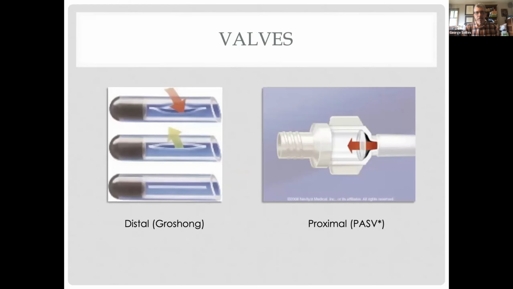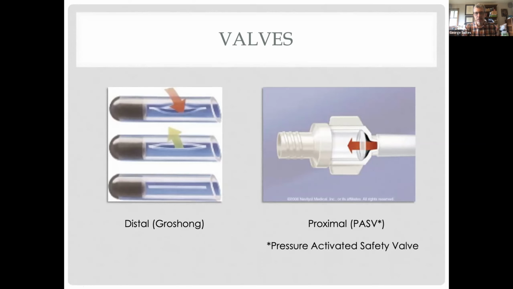Now, getting on to valves, these come in two types, distal or proximal. Groshongs have been around forever, and they have this little slit at the end instead of an end hole like most catheters, which opens or closes when you're flushing or aspirating, that is, when you're either decreasing pressure within the catheter by aspirating or increasing pressure by flushing. Proximal valves, also known as passive valves, are built into the external trailing end of the catheter.